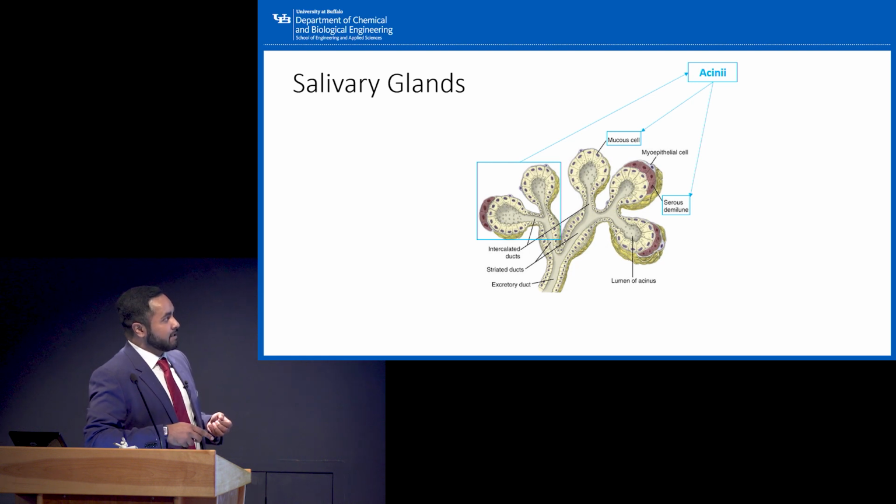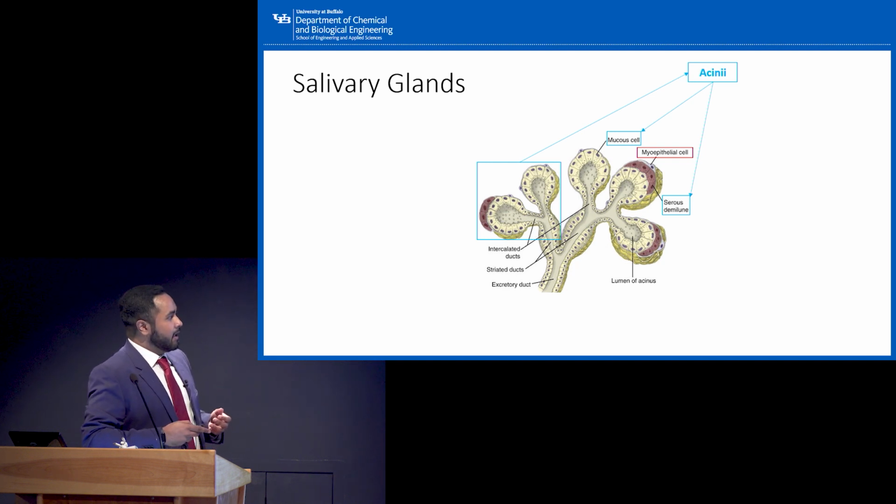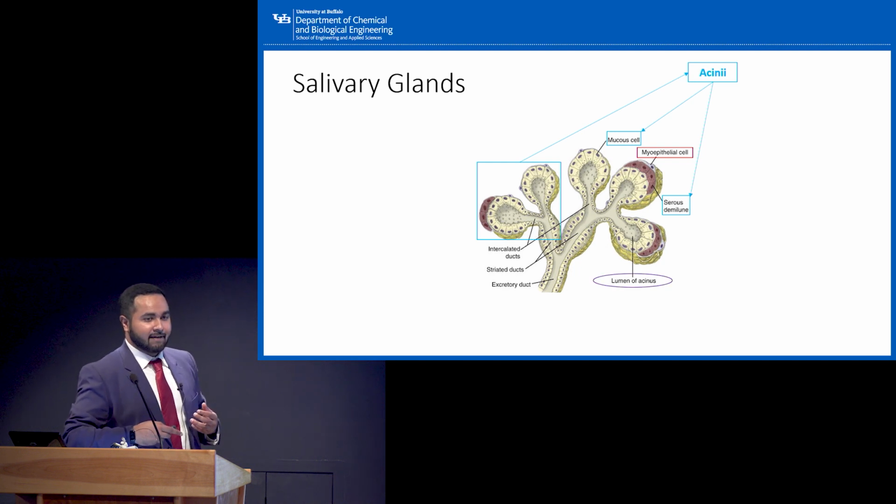They are flanked by myoepithelial cells, which squeeze these cells to secrete the saliva into the lumen of the acinus. And the formation of these lumens is very important, as that's where all the saliva is collected. After which, the saliva is transported out by the ductal cells into your oral cavity.